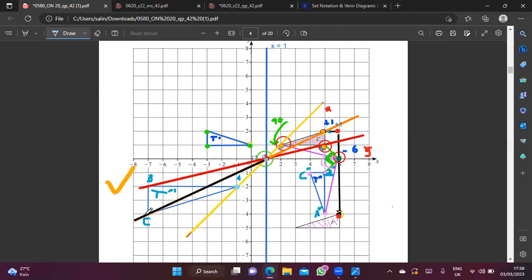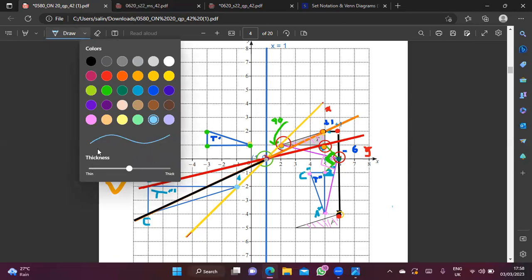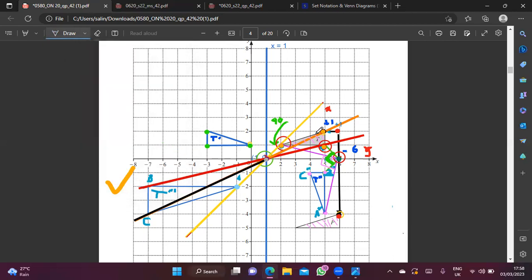If you want to do translation, okay, fine. I'll show you how to do translation. We use maybe black or this line. Count on the x-axis. How many units? Because I want to go to the center of my enlargement here.